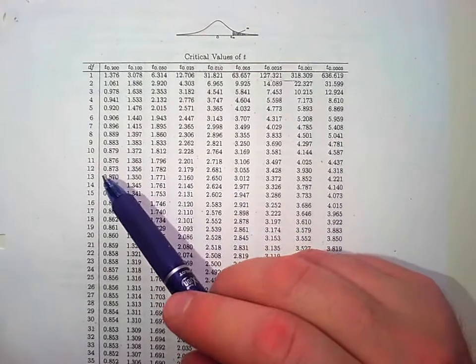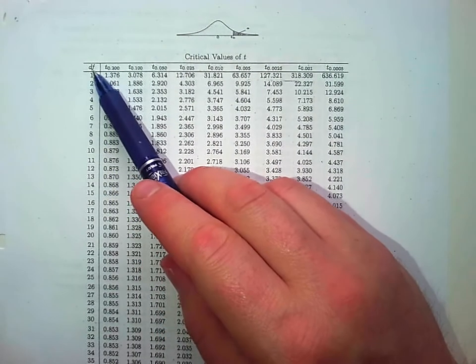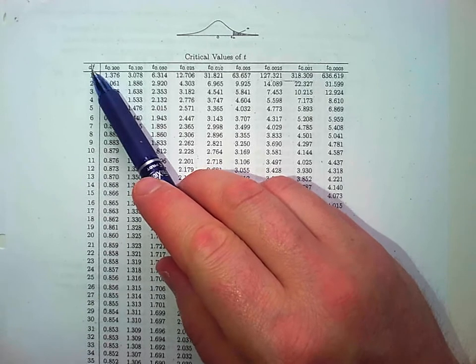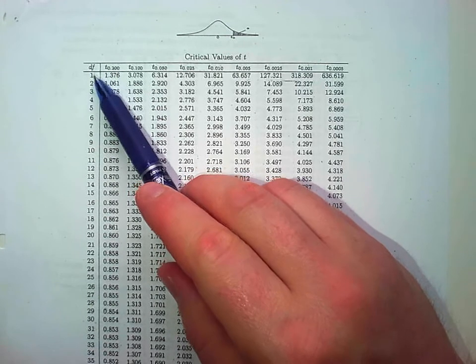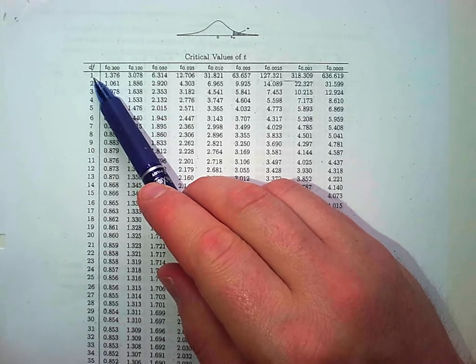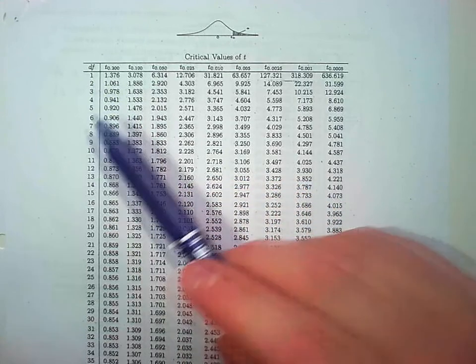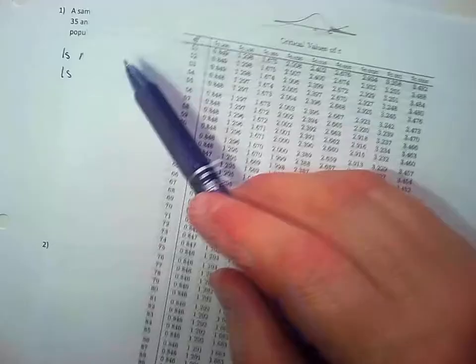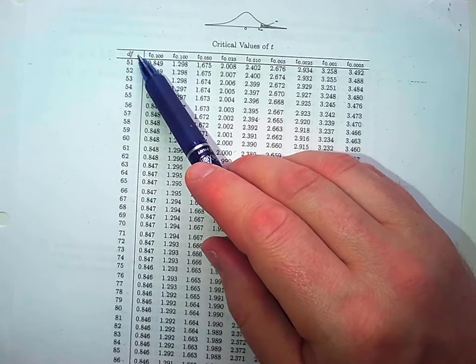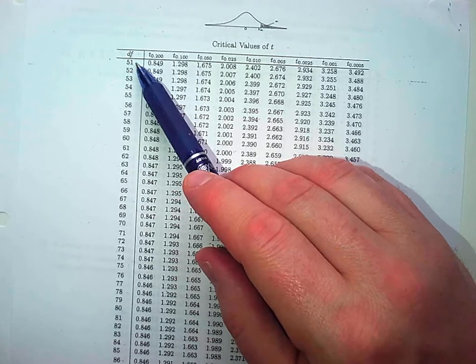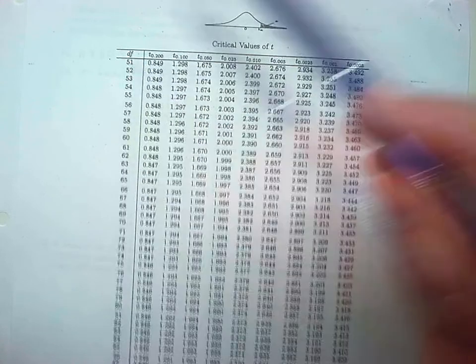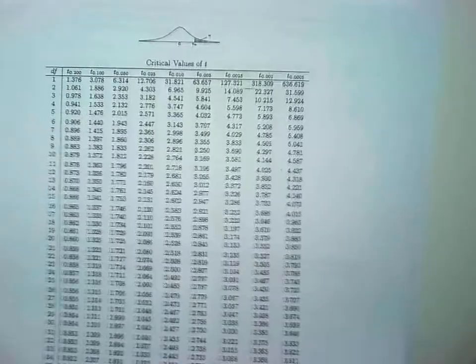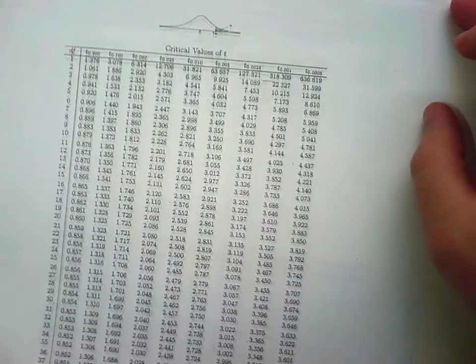The front side is the side where if you look up here, it has that DF, which stands for degrees of freedom. And it starts off at 1 and keeps on going. And then the back side, you also have the DF for degrees of freedom, but there it starts off at 51.